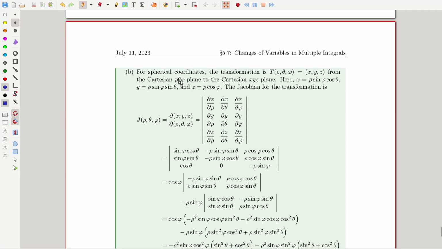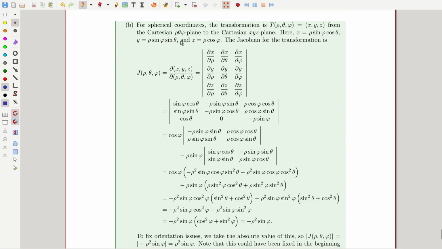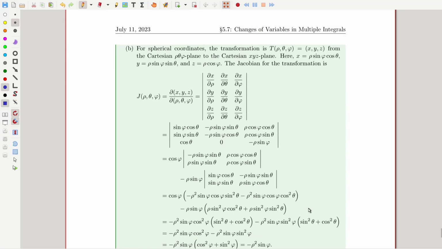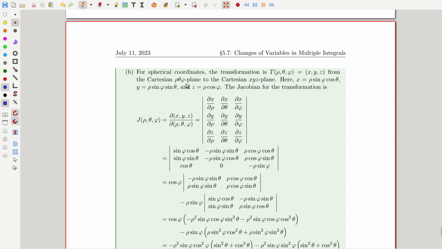I think it's more sensible to use rho phi theta, because this order will actually give you a negative for the Jacobian, and then I have to mention things about that. But if you flip the order of these two variables, phi and theta, that will flip the columns, I think. And flipping the columns is going to introduce a negative into the determinant, and so that corrects the negative that shows up in the Jacobian. But it's fine either way. So, okay.